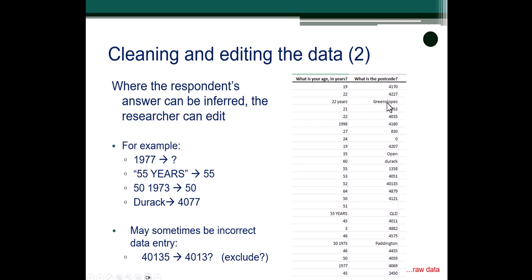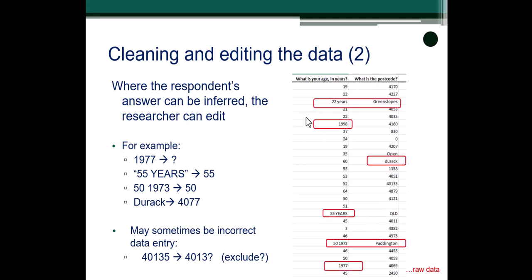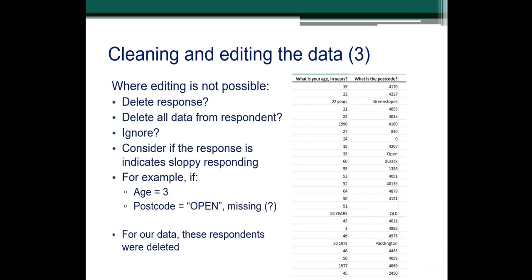So here a person's indicated Greenslopes, so you could go through and find the postcode for Greenslopes. Durack, you could find the postcode for Durack, and same for Paddington. So the first thing you do is go through and edit data based on what you think people actually intended, if it's obvious what they actually intended their response to be.